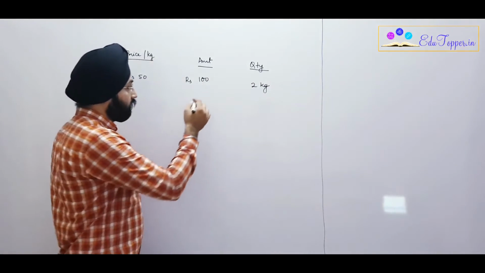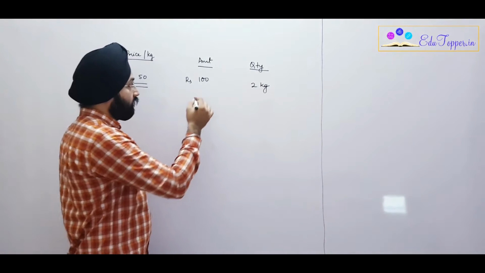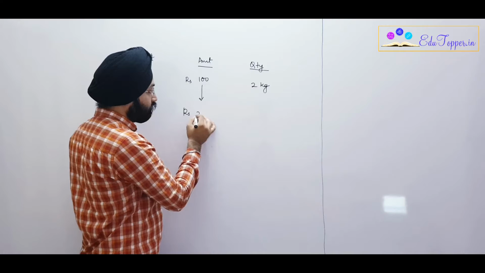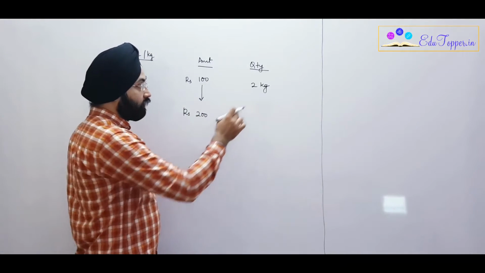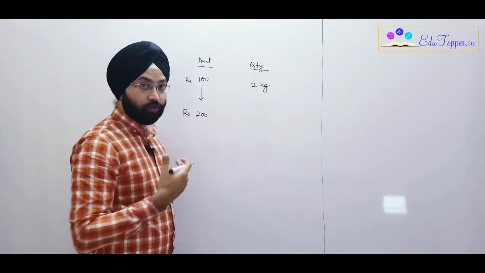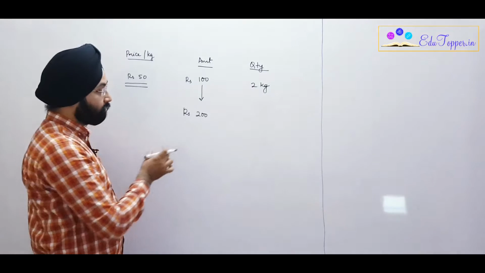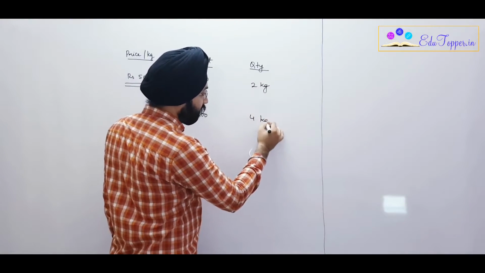Now, keeping this factor constant, if you double the amount, suppose now you have 200 rupees, will the quantity of mangoes also get doubled? Let's have a look. 50 rupees per kg, you have 200 rupees, you will get 4 kg of mangoes.